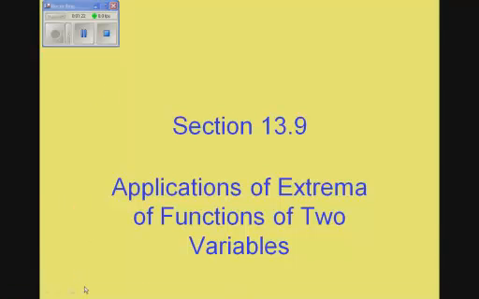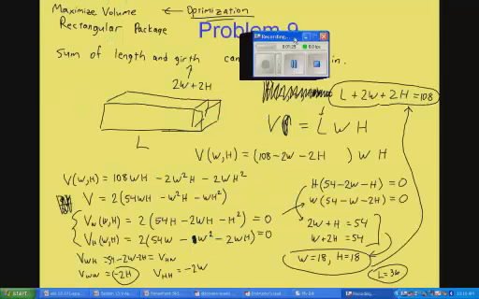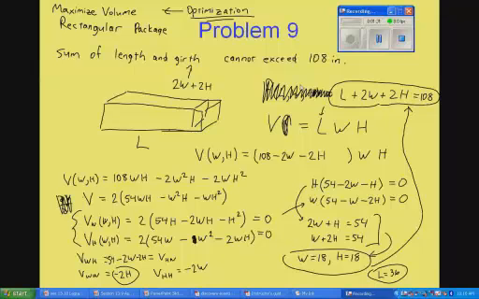So let's see. I remember doing this problem with you guys, right? Did you do one like this for homework? Did I assign problem 9? Okay, so maybe this was it. And problem 10 was similar, except that you're minimizing cost.